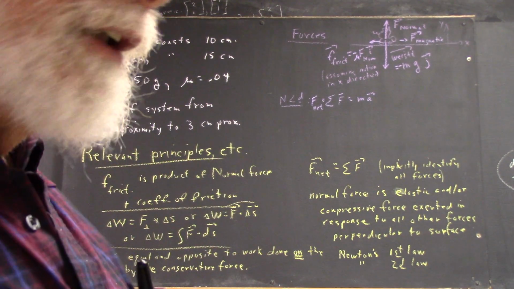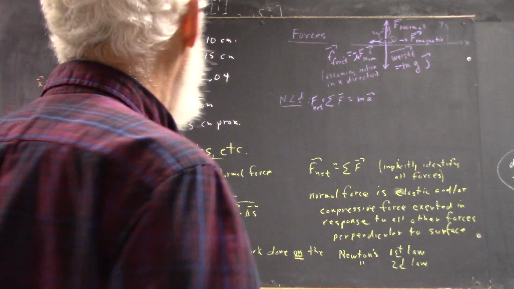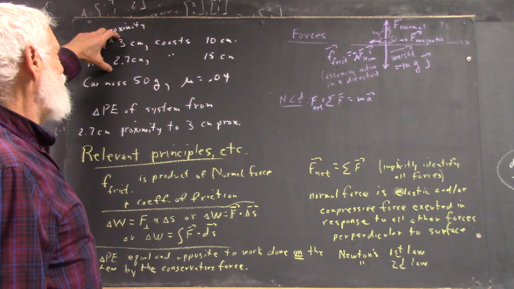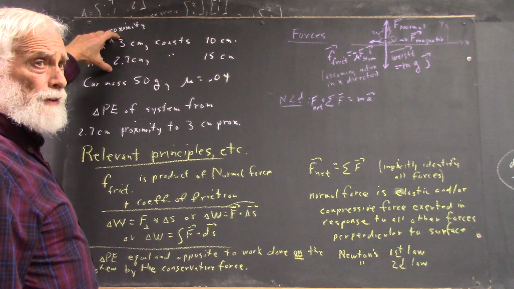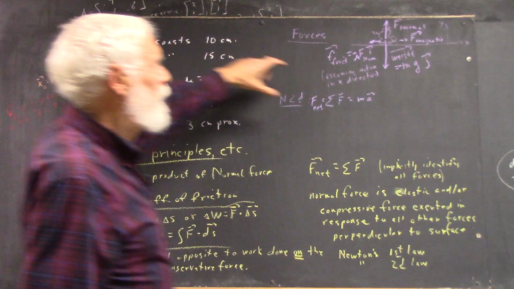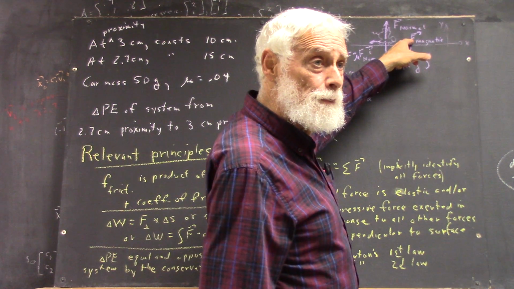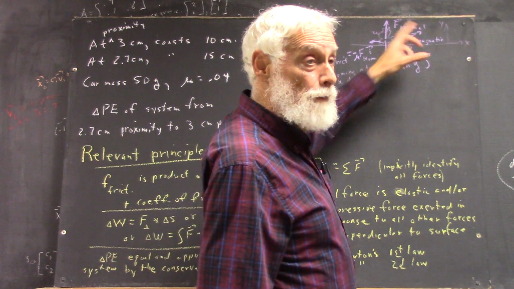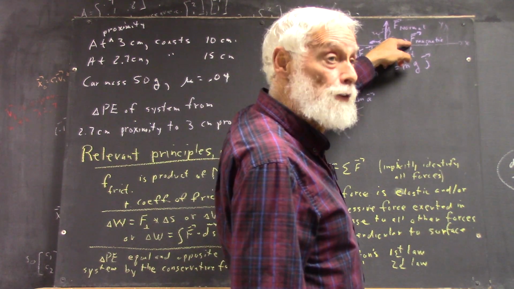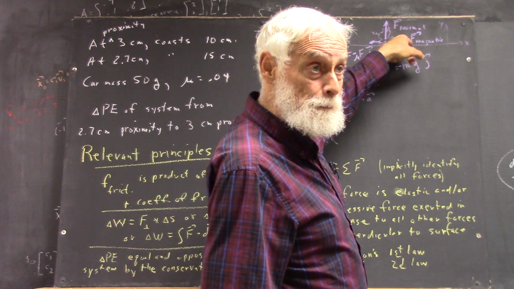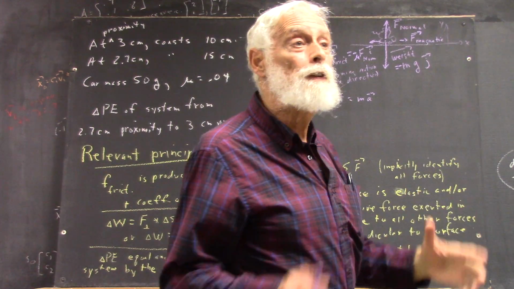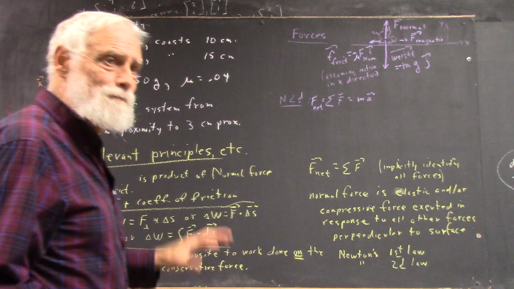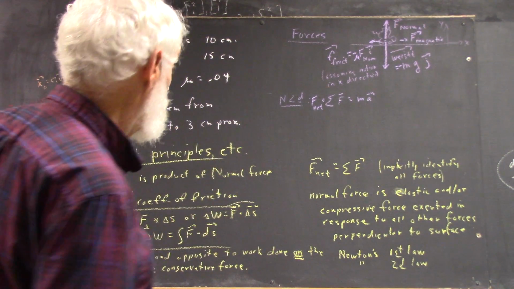Now we're not going to calculate an acceleration because, except for the interval between 2.7 and 3 centimeters, we don't have any information at all about this magnetic force. Okay? But we do have information that can lead us to some conclusions about the magnetic force in that interval. We won't get specific magnetic forces, but we can get the average magnetic force. Okay? But it's going to take us a little while.